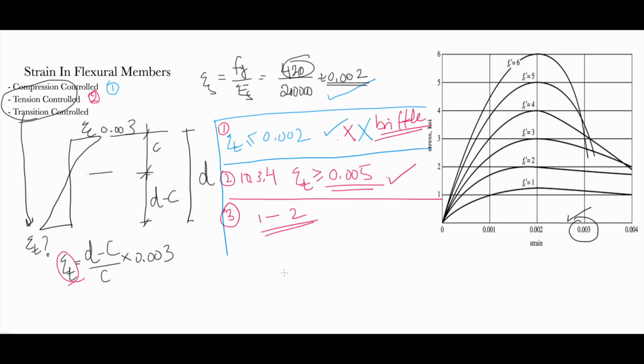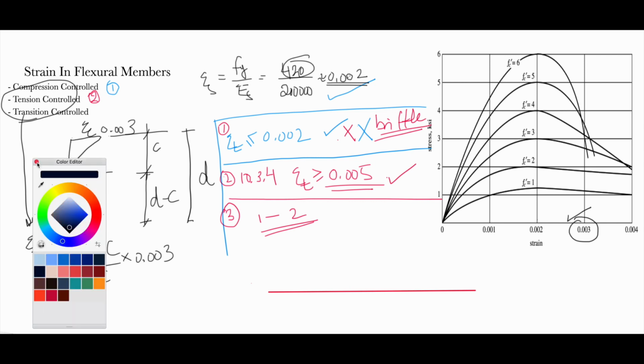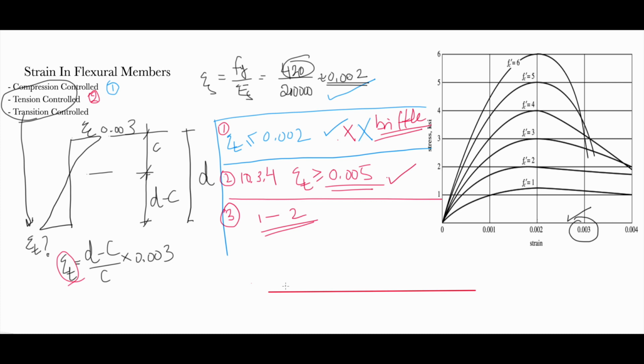So finally, let's draw a line. In this line we have stations. The first station is here, and the last station is here. This is where we have 0.005, and this is where we have 0.002.